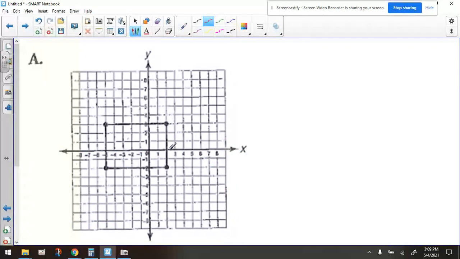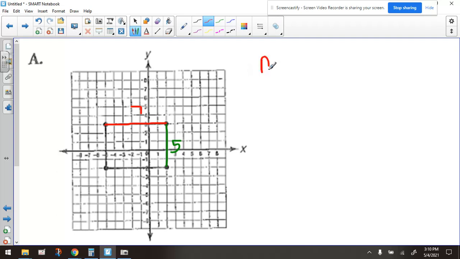Now we have to calculate the distance between these two dots and these two dots, and we can just do simple counting. So let's do that. 1, 2, 3, 4, 5. And going this way, it's going to be 1, 2, 3, 4, 5, 6, 7.